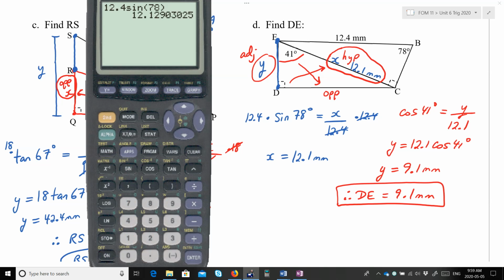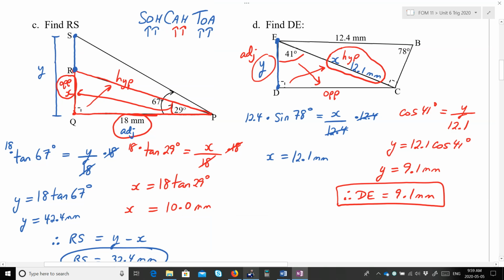So that's really what x is, 12.129, and so on. Then we're supposed to go that times cos 41. If you do that, you'd get 9.2. But if you round it to 12.1, then we get 9.1 as an answer. So either is good.